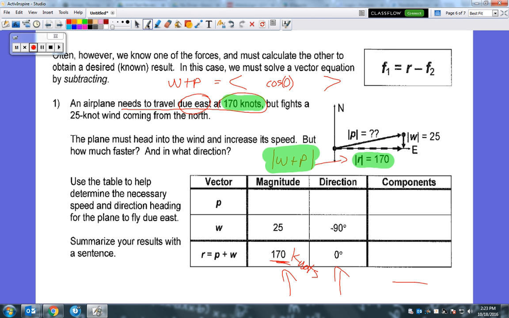It'd be 180, right? Because now you're traveling west. Okay, so be careful with that, from or to. So it'll be 170 times the cosine, and then 170 times the sine of what? 0. Those of you who have already done that, what are your components for your resultant? 170, 0.